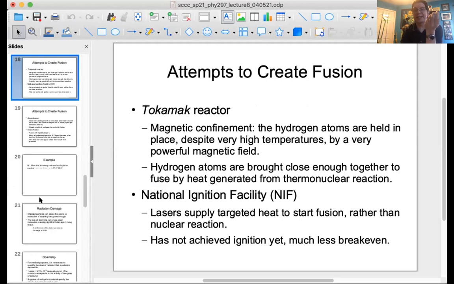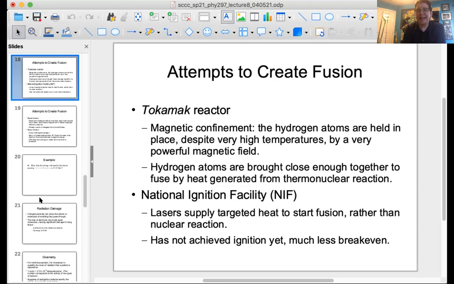There is a small fission reaction that brings the hydrogen atoms closer together and gives the hydrogen enough energy to fuse.